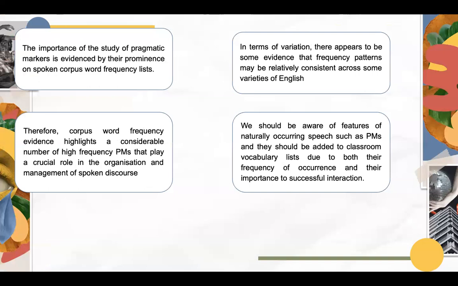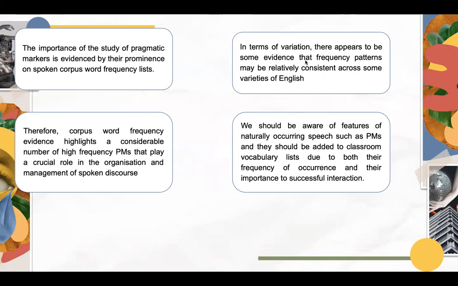So next, the importance of the study of pragmatic markers is evidenced by their prominence on the spoken corpus word frequency list. Corpus word frequency evidence highlights a considerable number of high frequency PMs that play a crucial role in the organization and management of spoken discourse.